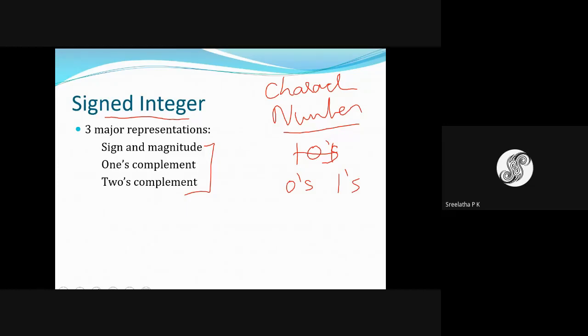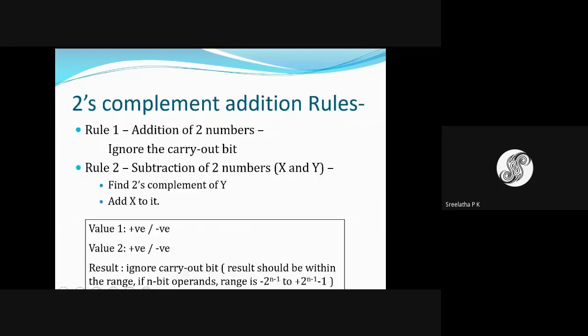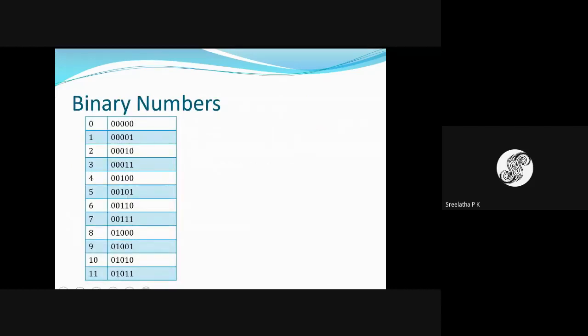As I told, all of you know that information is stored in binary form. We'll see the numbers, because only for numbers does the sign come into the picture, that is positive or negative.